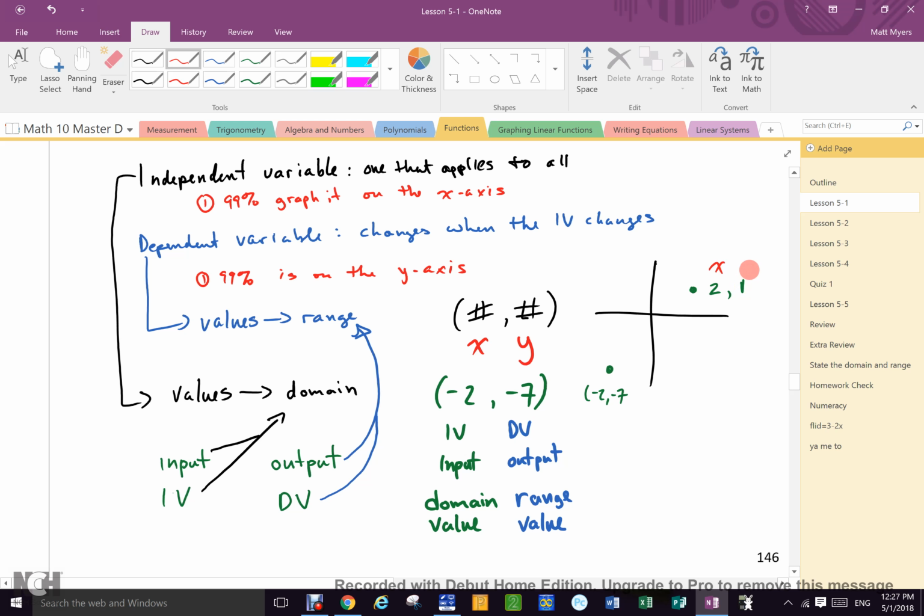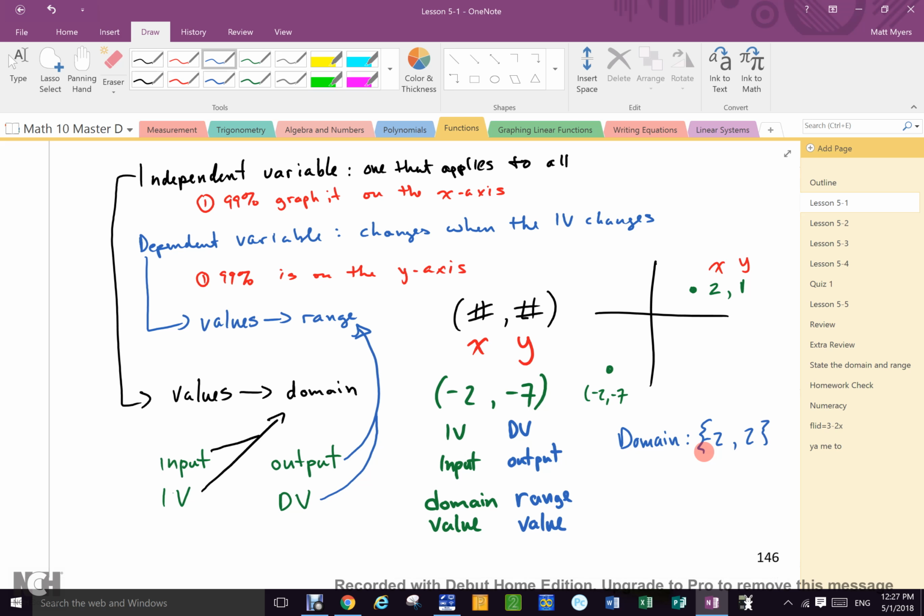Correct? So now I have 2 dots. What is the domain of the graph I just drew? -2, because it's -2 on the x, and +2. That's the domain. Everybody with me?